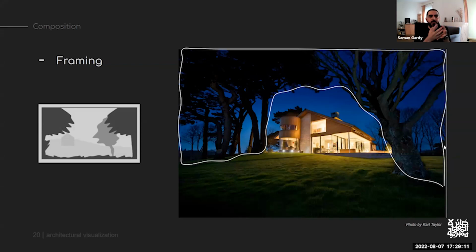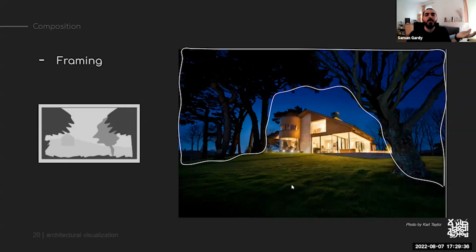If it's, let's say, in a natural landscape, we can use urban or architecture elements to create this frame to show our building. Here in this photograph, you can see the photographer used these trees as a framing for the villa, which is here.